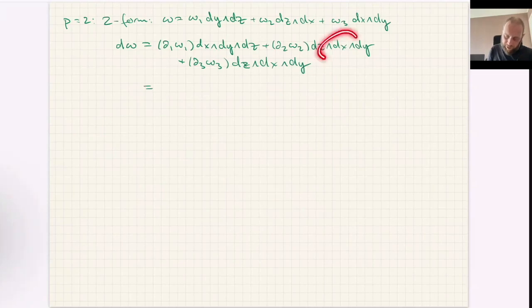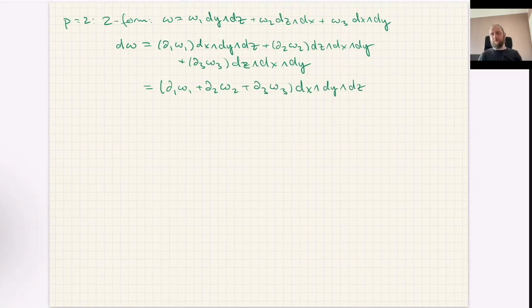Now, all of these are even permutations of x, y, z. So I can exchange this for x, y, z and this for x, y, z. They're all the same. That means when I collect terms here, I get d1 omega 1 plus d2 omega 2 plus d3 omega 3 dx wedge dy wedge dz.